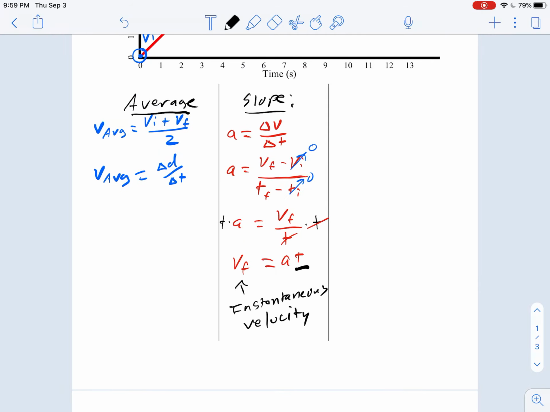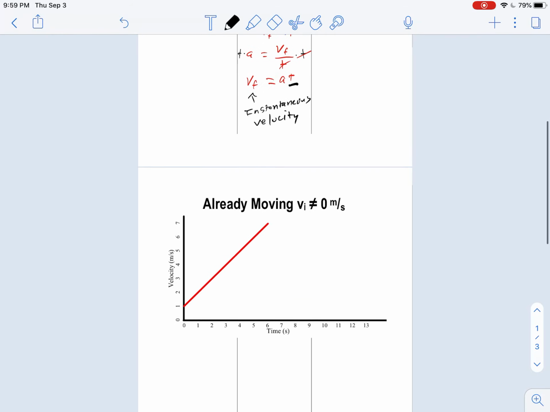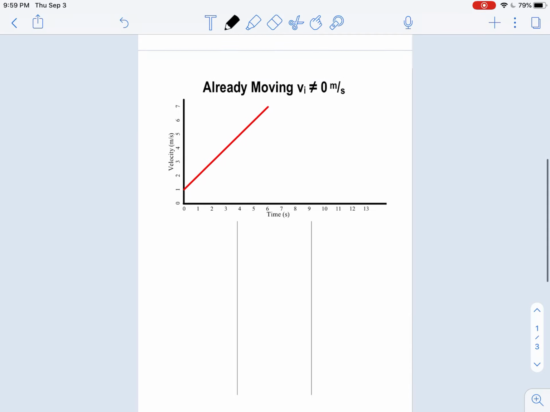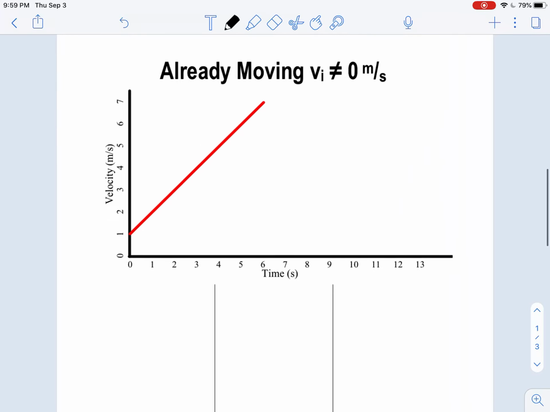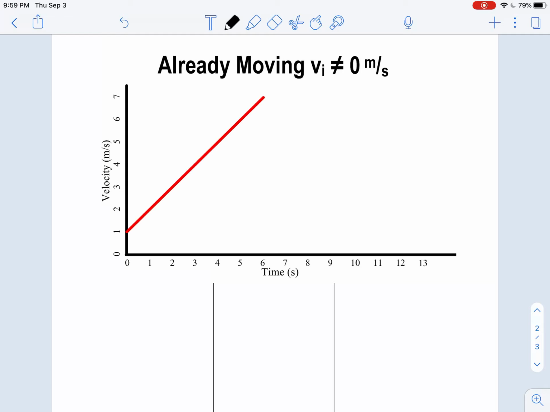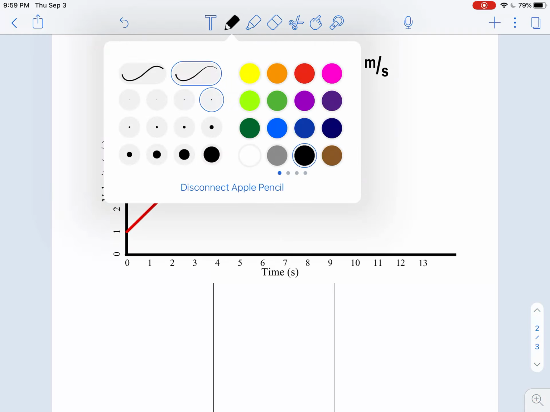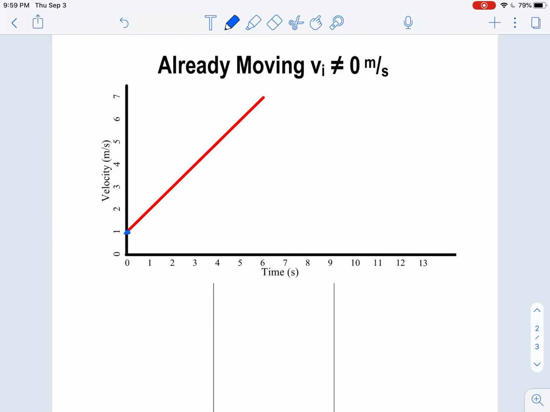At this point, I'm going to move to a second graph. We'll come back to that first graph in a few minutes. This is the case where the initial velocity does not equal 0. If I label the initial velocity, it looks like it's about 1 meter per second.